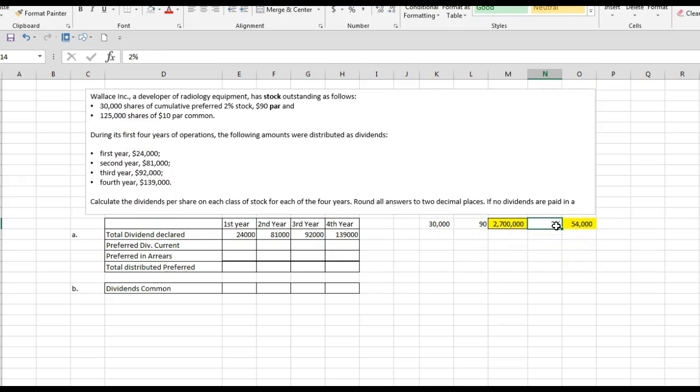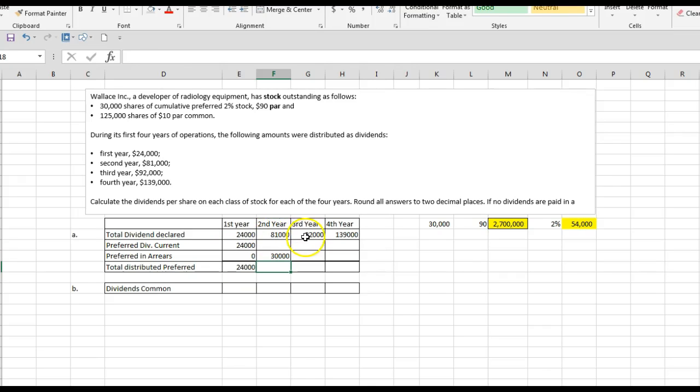It's 2% stock, so their dividend has to be 54,000 each year, no matter what. So the first year, it can only be 24,000, and there's no dividends in arrears from a previous year. So the total distributed is 24,000, but they needed 54,000. So they have preferred dividends in arrears of 30,000 here.